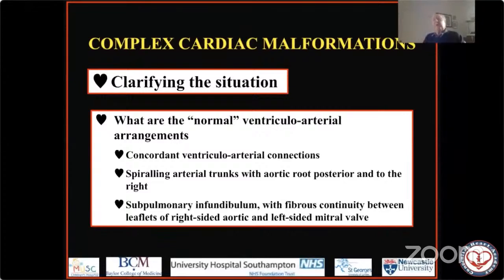So to put all of this into context, Diane is now going to show you the normal ventriculo-arterial arrangements in the usual situation, showing you the connections, the relationships of the arterial trunks, and the infundibular morphology.